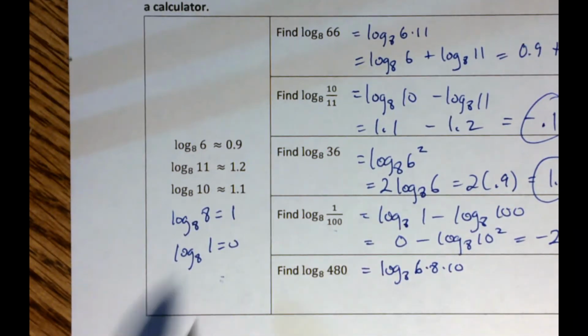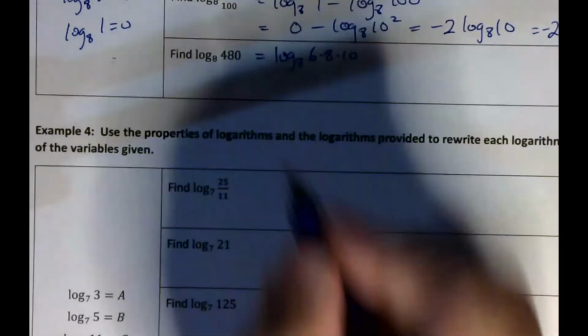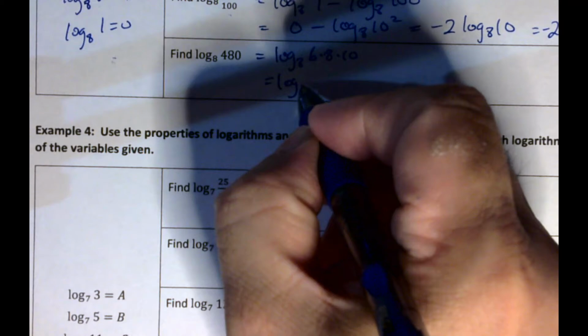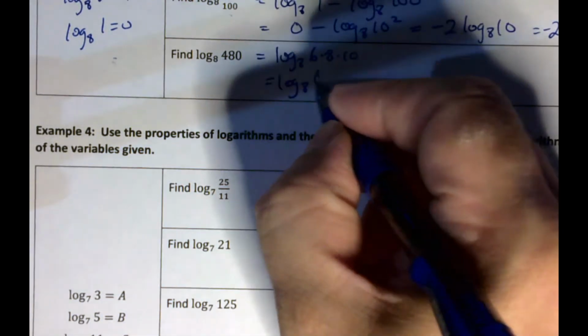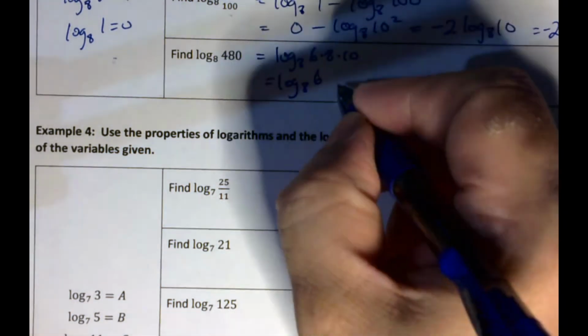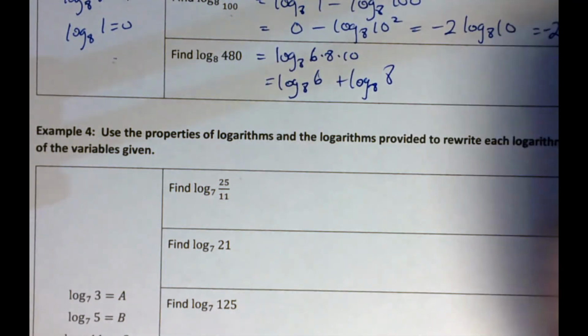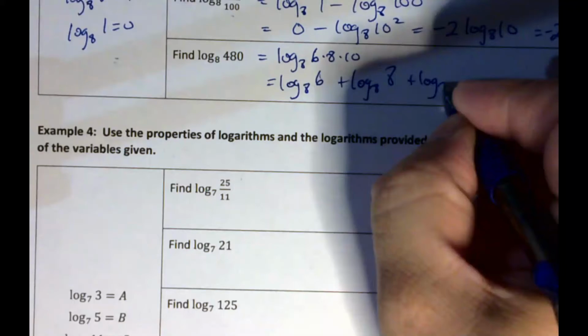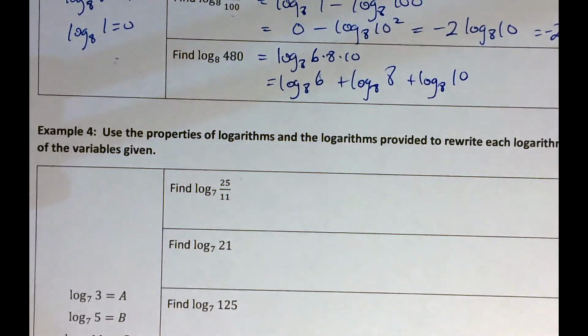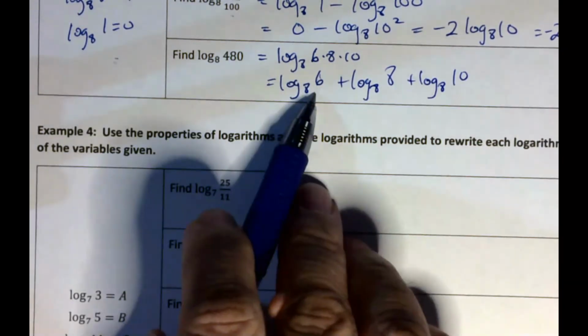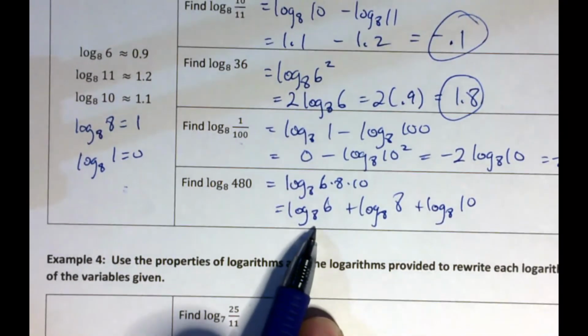I want the numbers that I have here: 6, 8, and 10. I split this up using the product rule: log base 8 of 6 plus log base 8 of 8 plus log base 8 of 10. And log base 8 of 6 is 0.9.